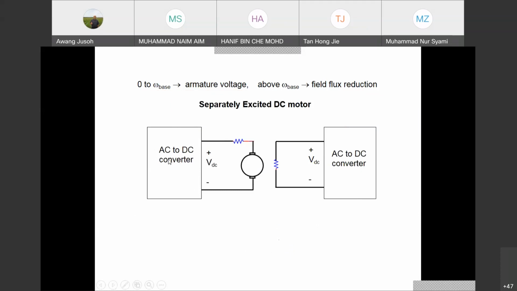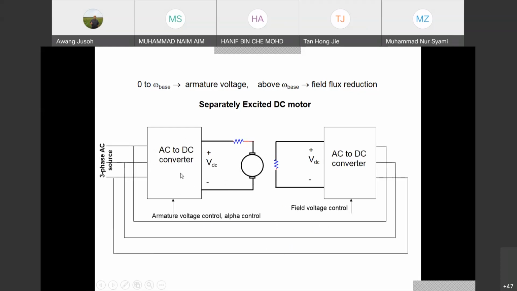You need to convert the AC supply to DC supply first, because a DC motor requires DC supply. Remember, don't apply AC supply to the DC motor. It doesn't work. You must apply DC supply to the motor. That means we need to change AC to DC first using an AC-DC converter, or commonly known as a rectifier circuit.